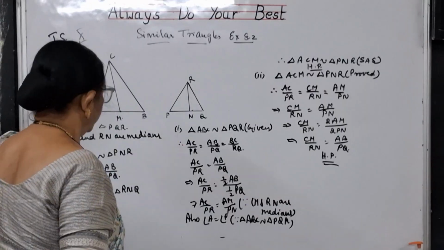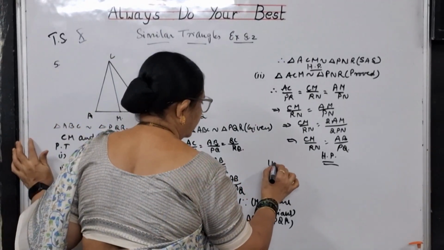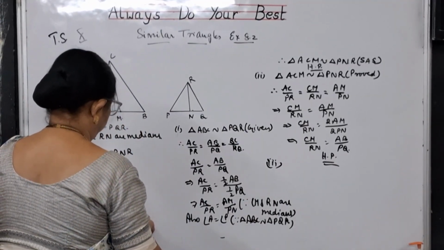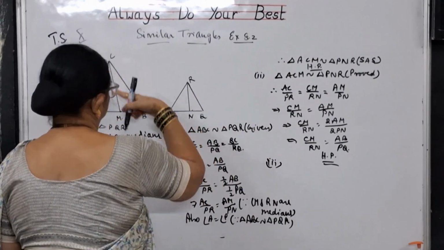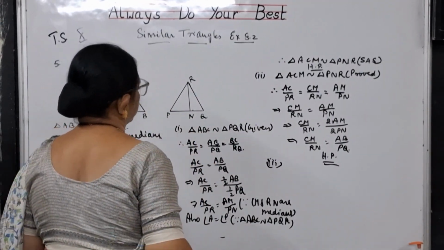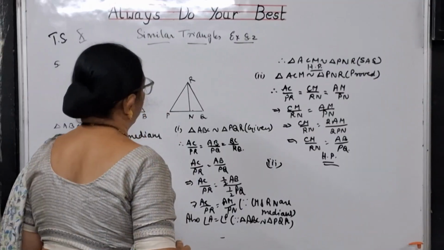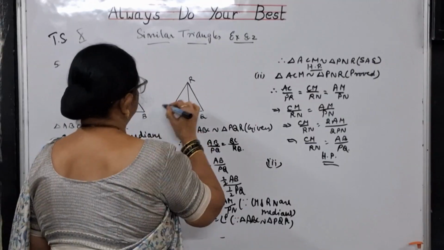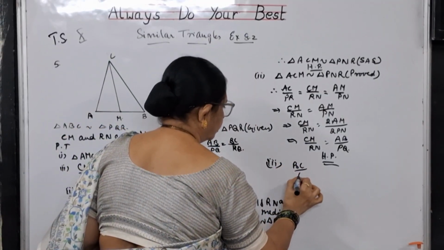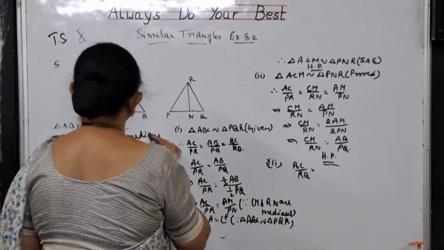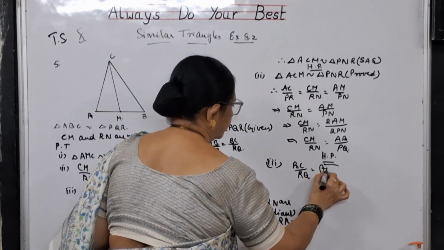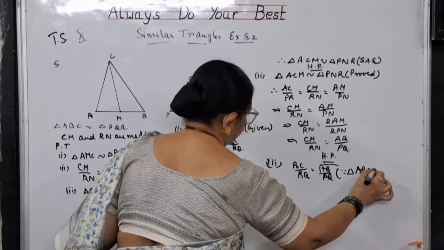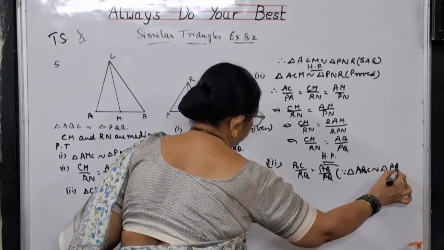Now the third proof is you have to prove that triangle CMB is similar to triangle RNQ. So how can you prove that? We know that BC by RQ is equal to AB by PQ. You can write this because triangle ABC is similar to triangle PQR.